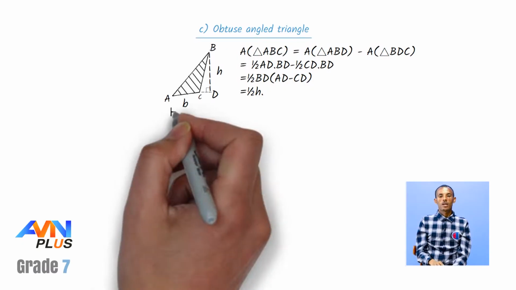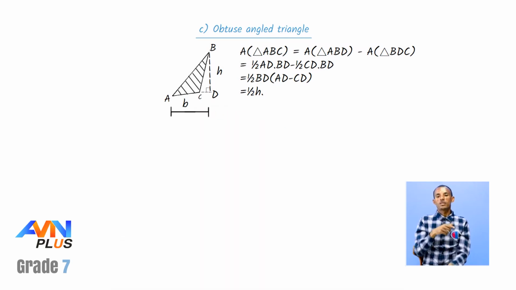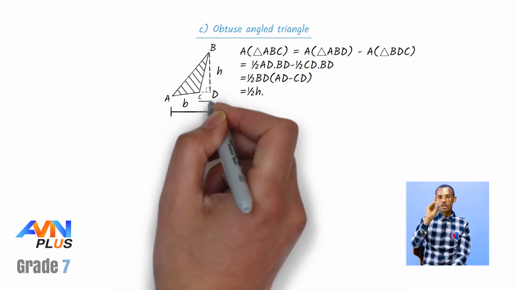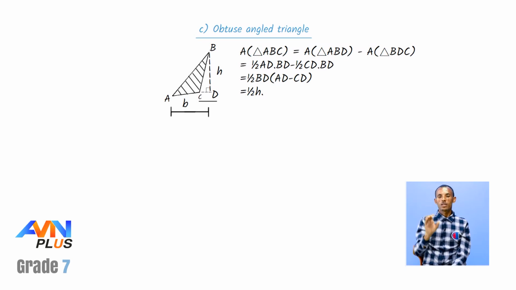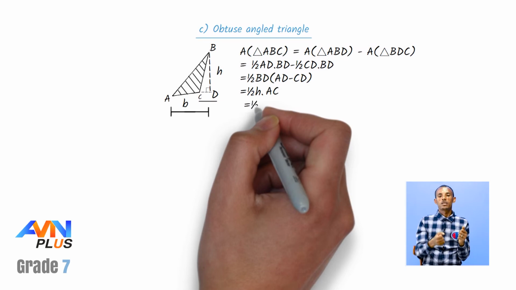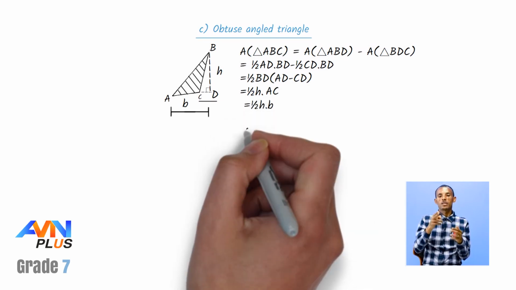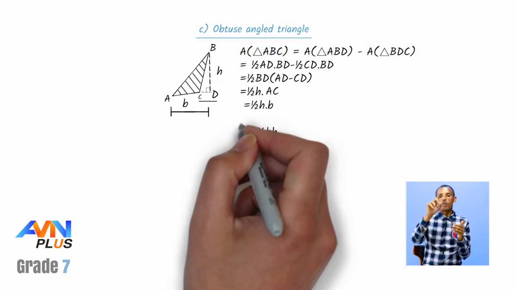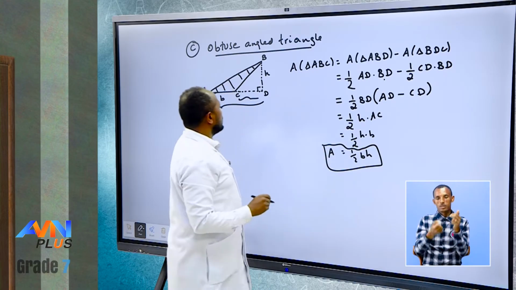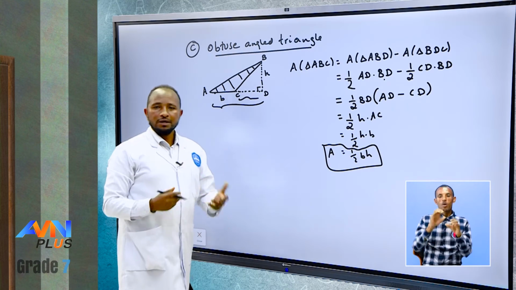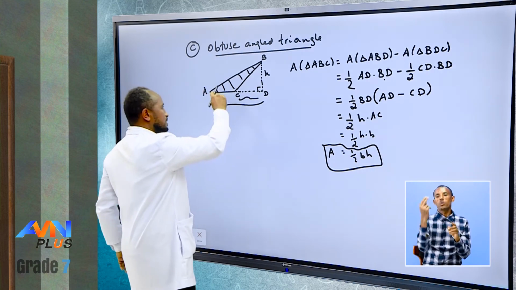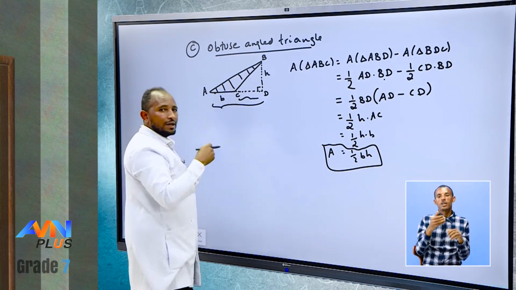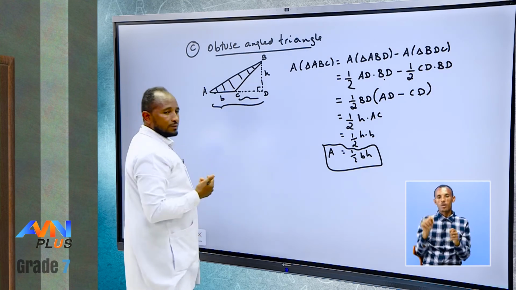From AD, if you subtract CD, you will have AC. So AC is the base. Therefore, the area of this triangle will be half B times H. To calculate the area of an obtuse angle triangle, you use its base, and the altitude will be outside of the triangle. Using these two, you can calculate its area.